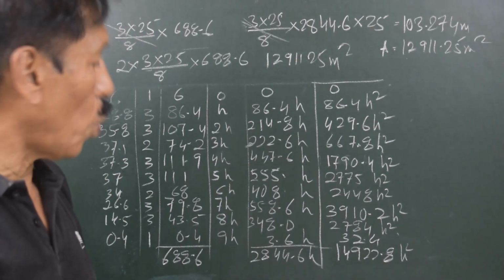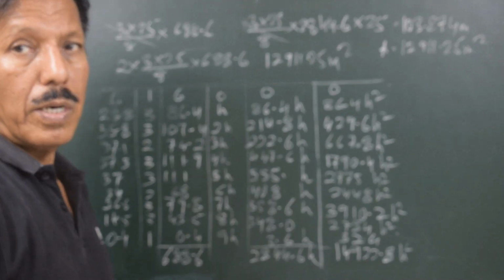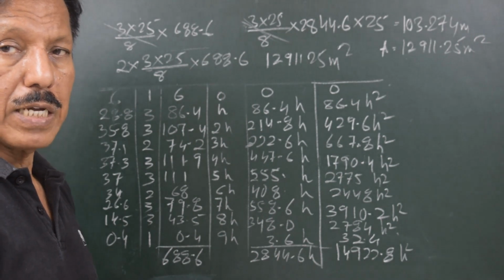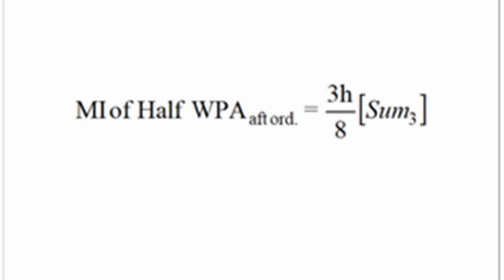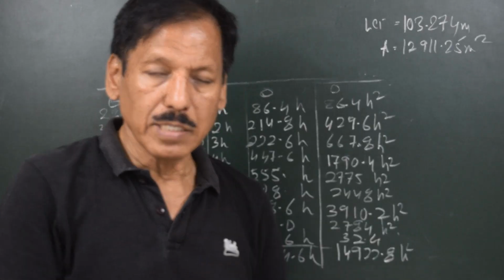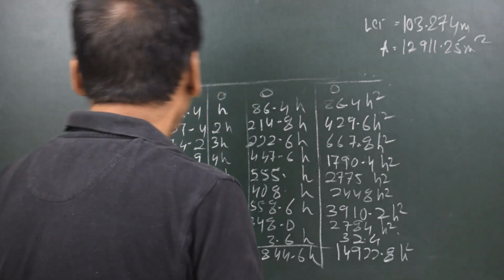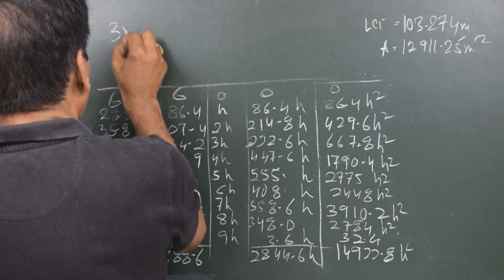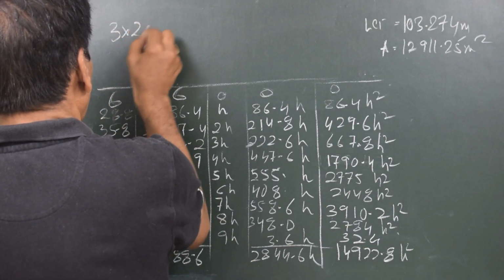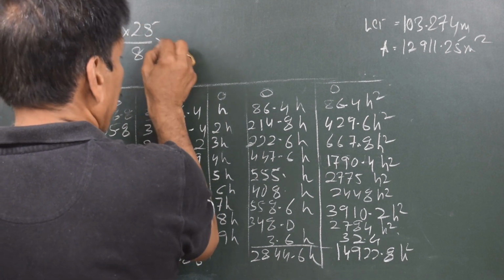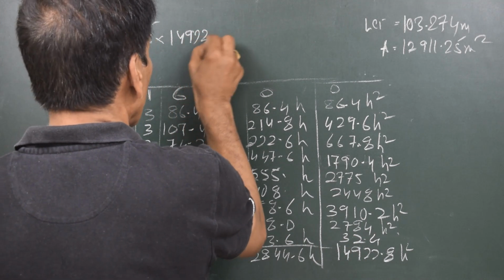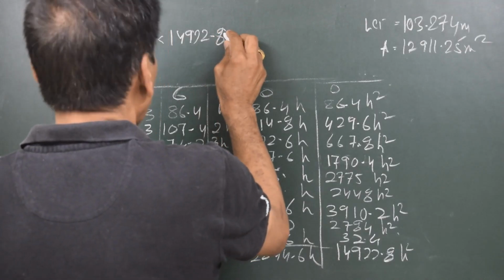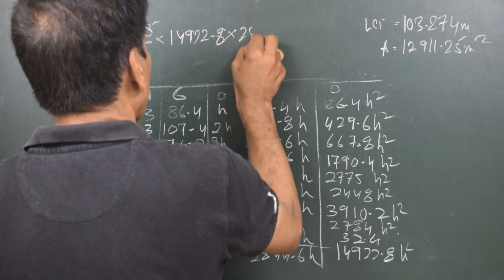Let me find out the total moment of inertia about the aft ordinate. Now moment of inertia about the first ordinate, that is the aft ordinate, is given by 3h by 8 into some 3, that is 14922.8 into h square, that is 25 square.